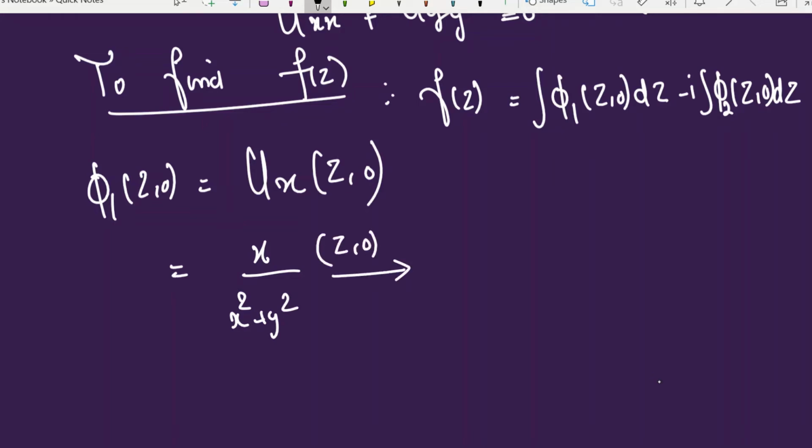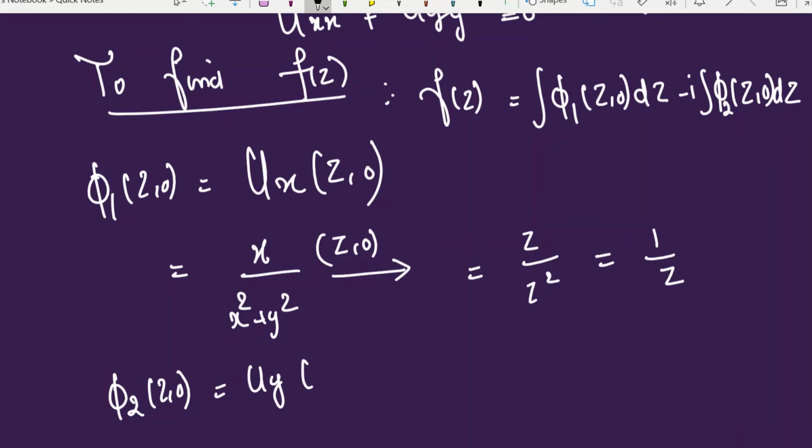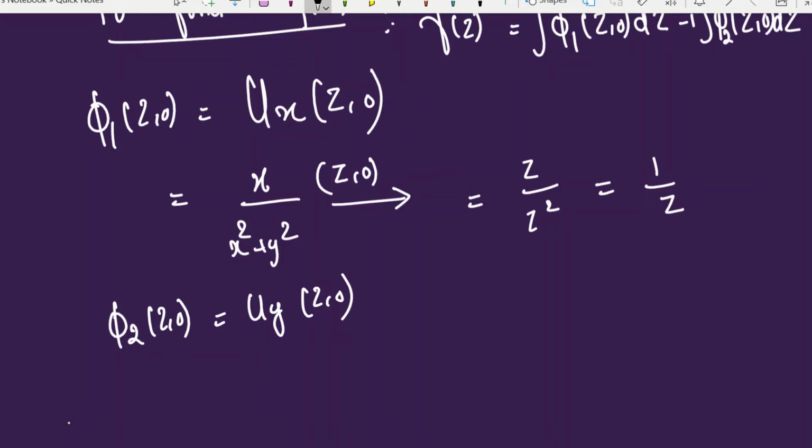Now substitute the point z comma 0. So x is z and y value is 0, giving z square in the denominator, so 1 divided by z. Next phi 2 value. Phi 2 of z comma 0 is u_y at z comma 0. u_y value is y divided by x square plus y square. When you substitute z and 0 here, 0 by anything will become 0.